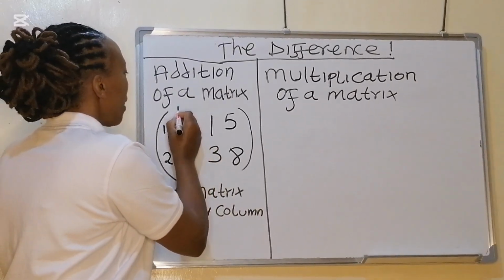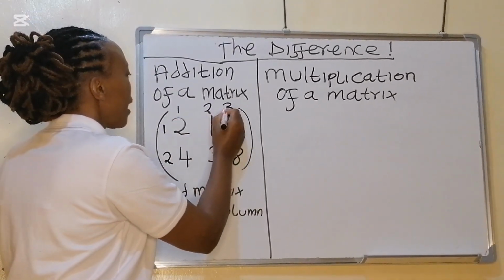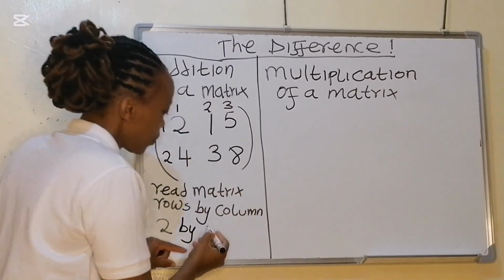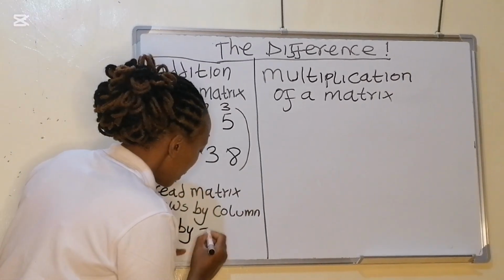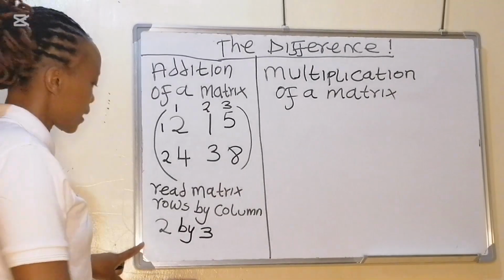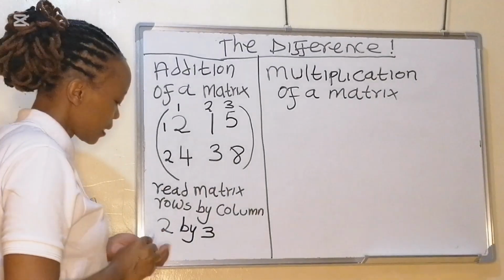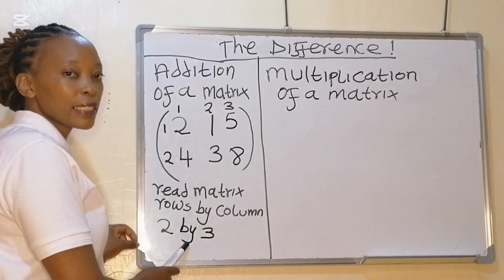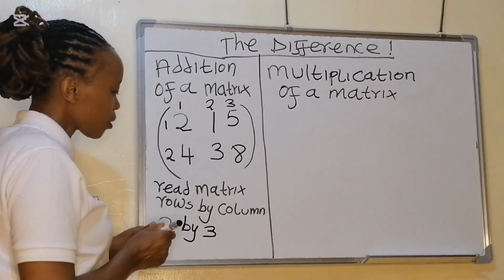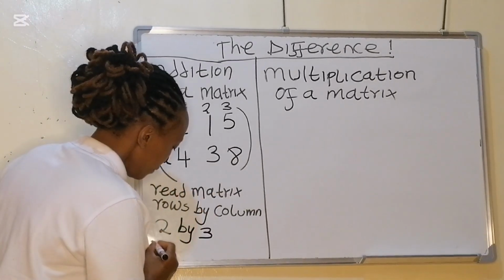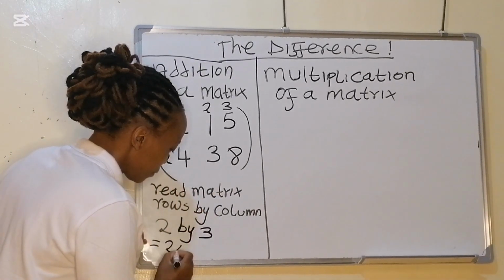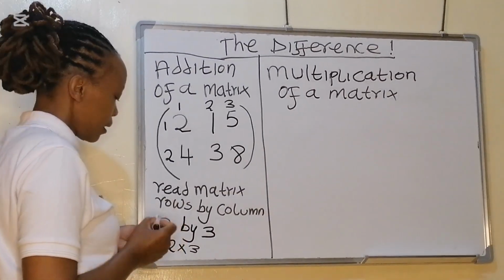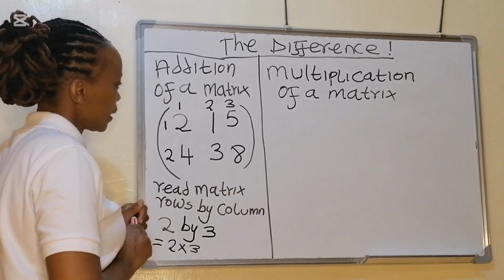We have the first column, the second column, and the third column. So we have 3 columns. So the name of this matrix is 2 by 3. That's how we represent a matrix.